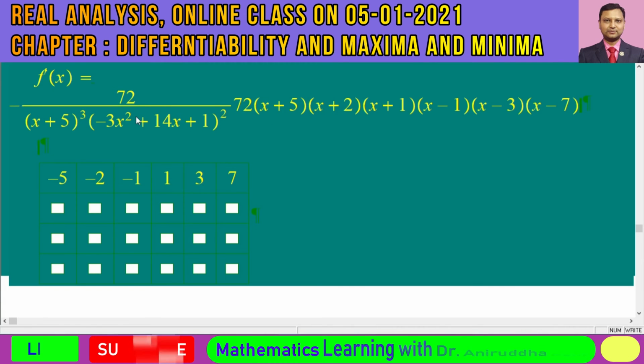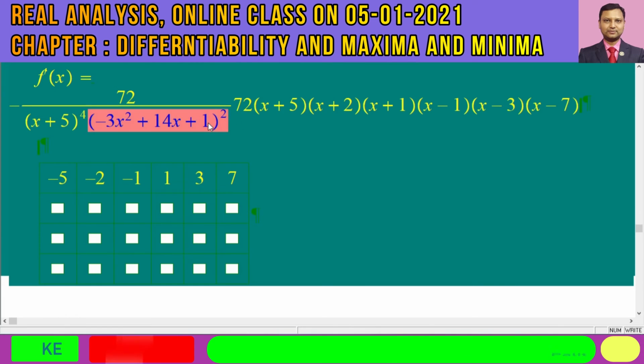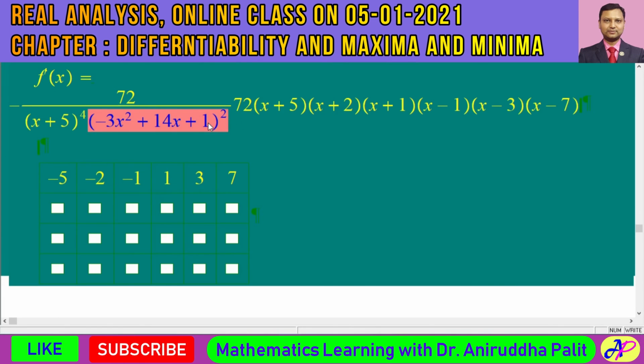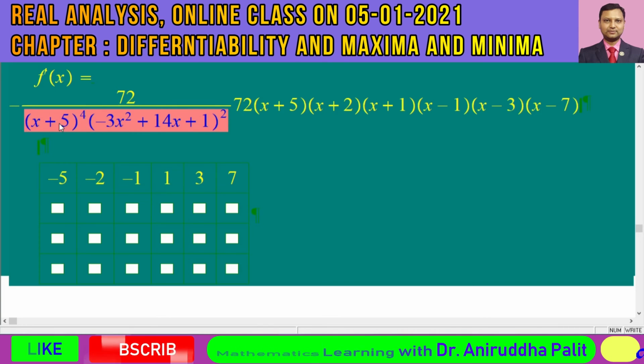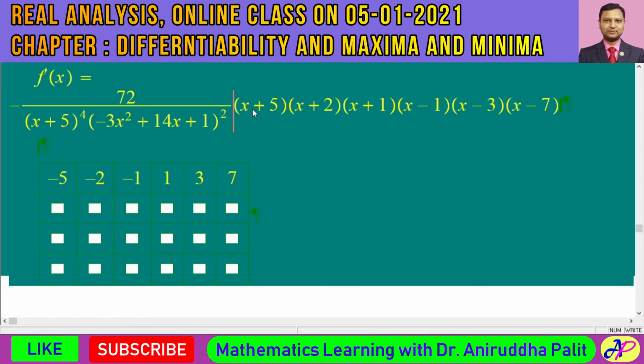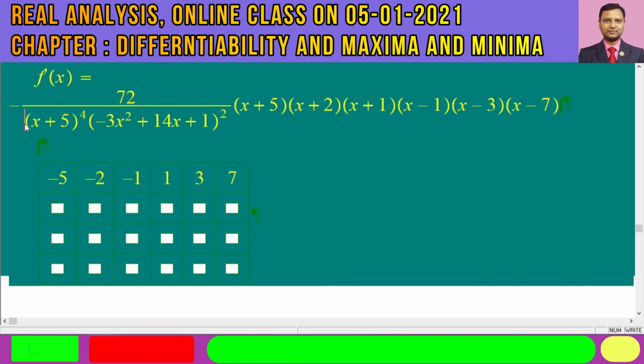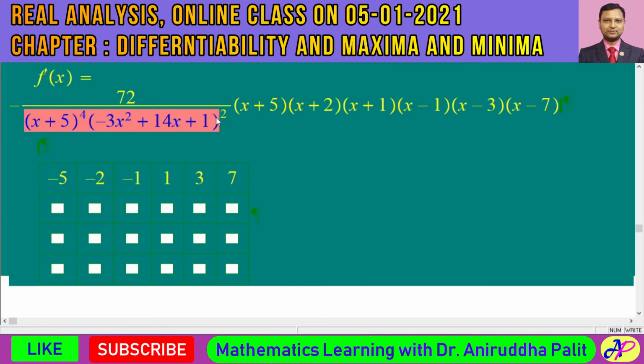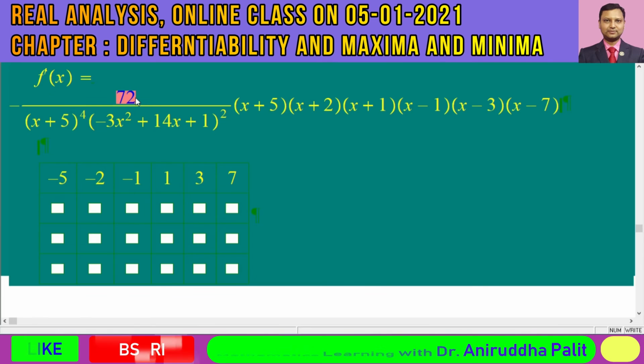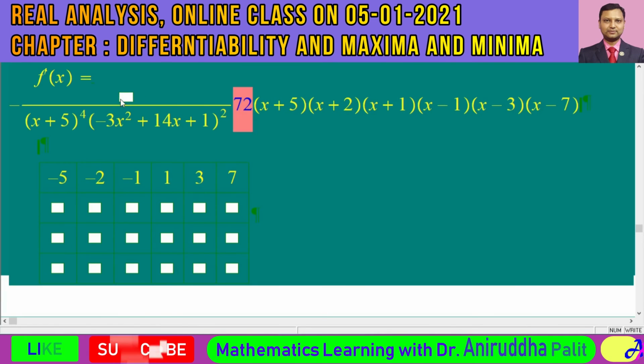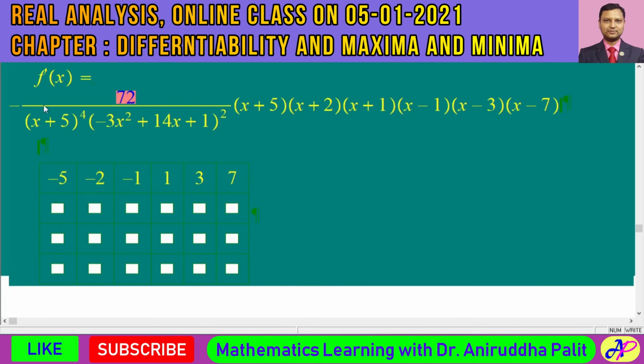So it should be to the power of 4. So over here you see this is a positive quantity, a square quantity, and this is also a positive quantity. Fine. So 72 has been already there. Forget about this expression. You see this 72, even if this is a positive quantity.